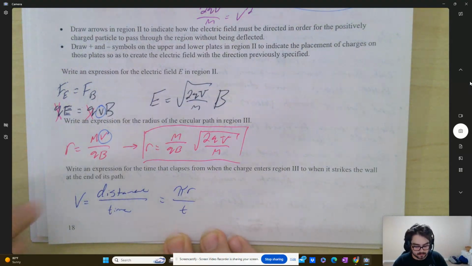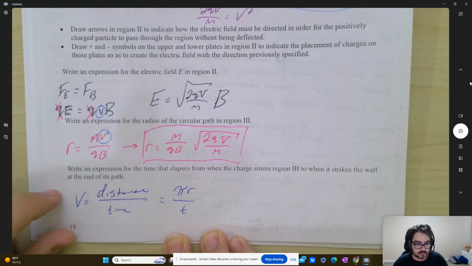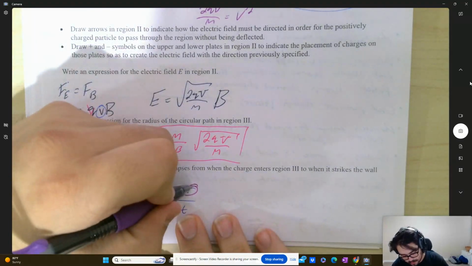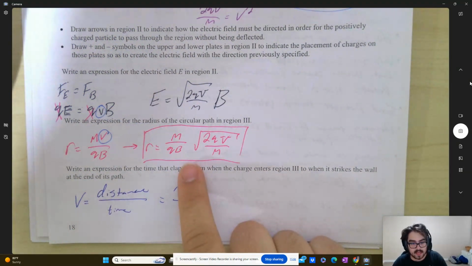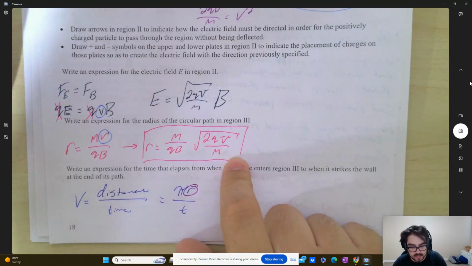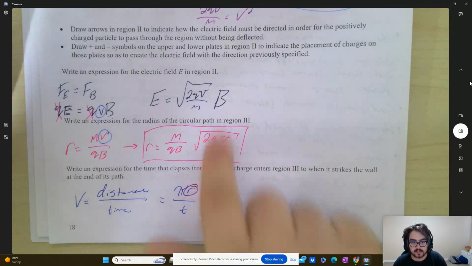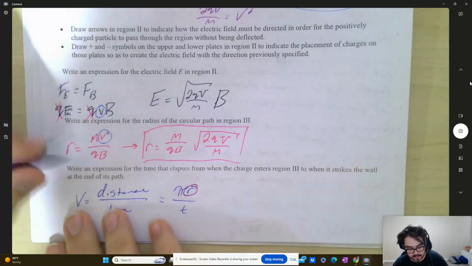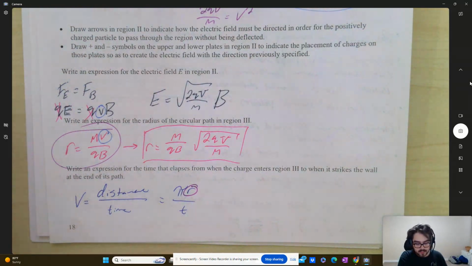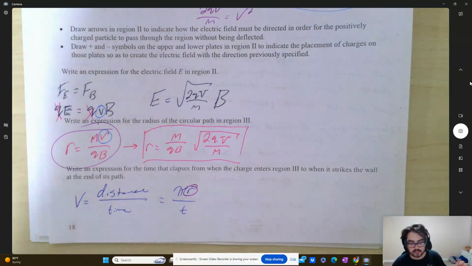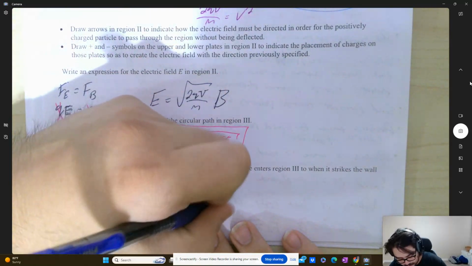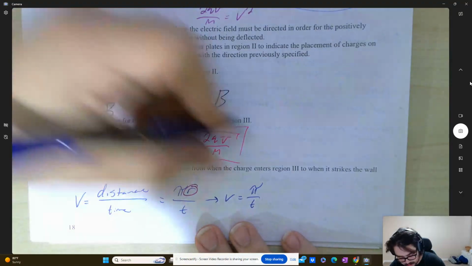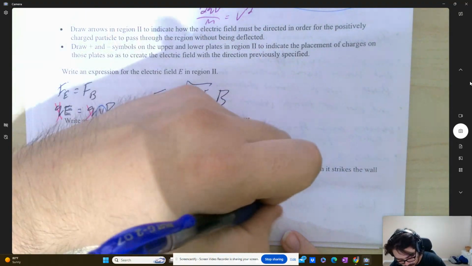Now, here's the thing. We can replace our expression for r with the expression up here. You can replace r with this whole mess right here, but that's going to cause you more work. If you just replace r with mv over qB, you'll save yourself a huge headache, because watch this. The velocity is equal to pi over t times mv over qB.